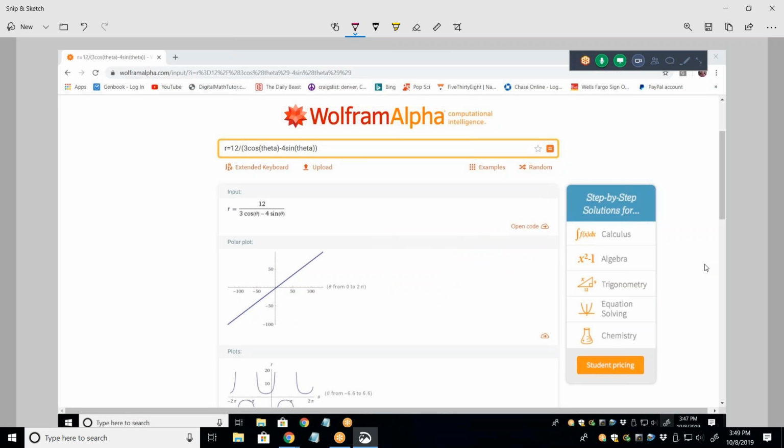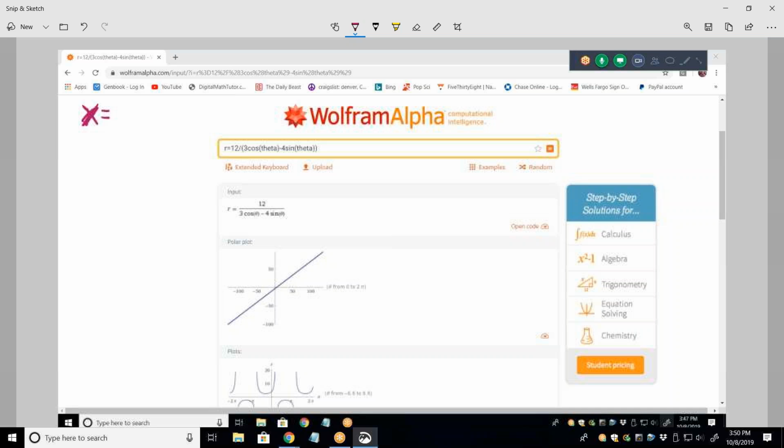Interesting. If I try to do this in a way different than making a table, in other words, if I try to convert this to an xy function instead of a polar function, let's talk about the conversion factors. Okay. R equals what? R is the radius.